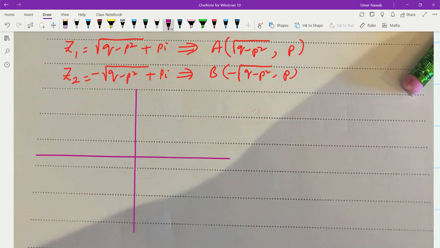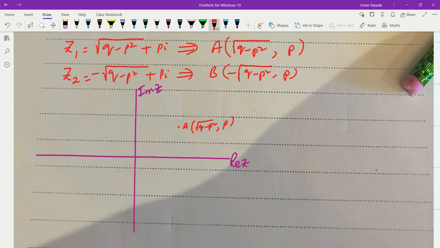On the Argand diagram, this is the real part of z, and this is the imaginary axis for the complex numbers. Suppose this is point A, whose x coordinate is the square root of q minus p squared. It is a positive number, that's why I have shown it in the first quadrant, and p is also here. I assume that p is a positive number, that's why the complex numbers are placed like this.